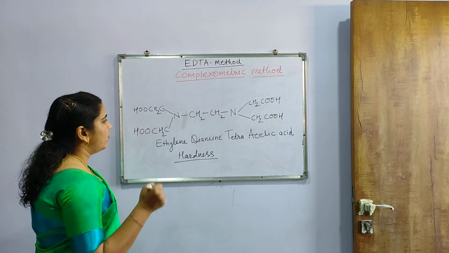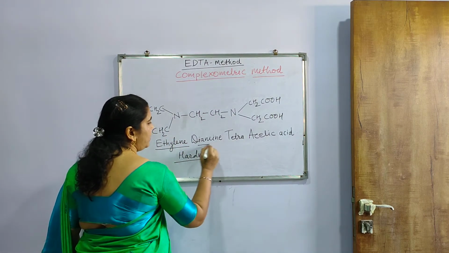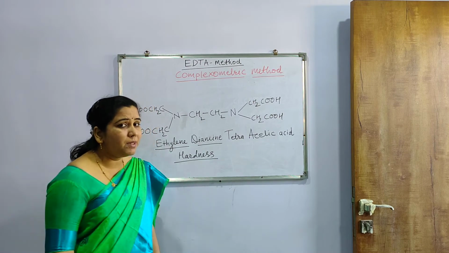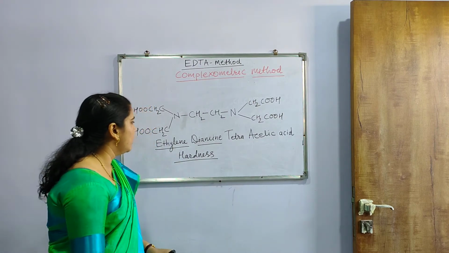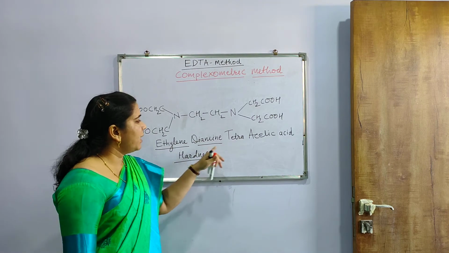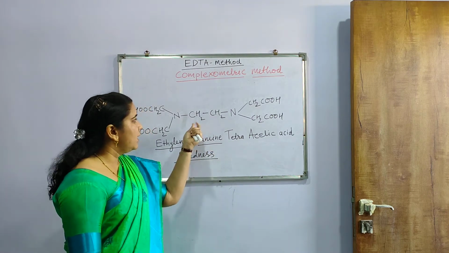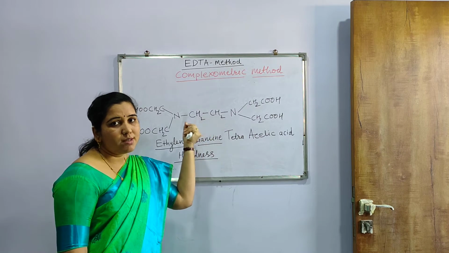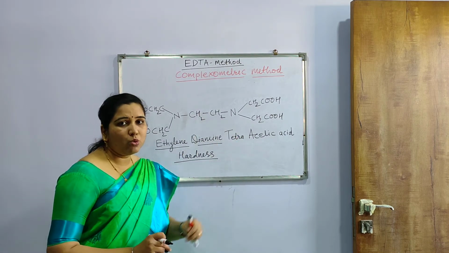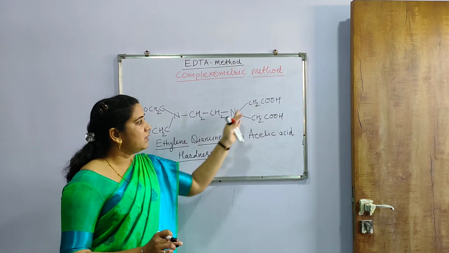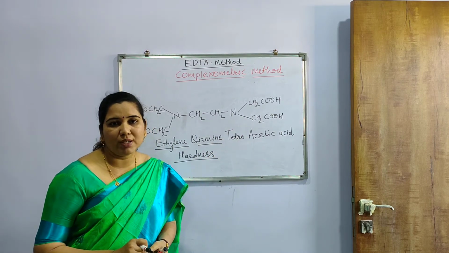Once the structure of EDTA has been understood, the next process will be very easy. Ethylene diamine tetraacetic acid has an ethylene molecule, CH2-CH2, then diamine, two amino groups are attached, and with it the four acetic acid groups are there.